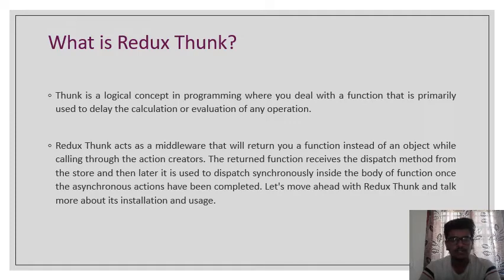The returned function receives the dispatch method from the store and then later it is used to dispatch asynchronously inside the body of a function once the asynchronous actions have been completed. Let's move ahead with Redux Thunk and talk more about its installation and usage.